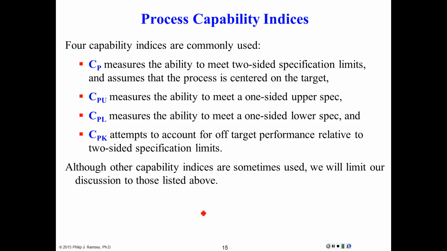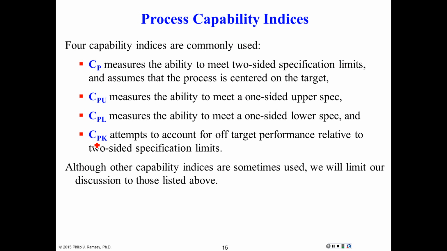So the topic of process capabilities has been beaten to death in the literature. Basically, we're going to talk about what's called Cp. That's the original process capability measure. CPU for a one-sided spec, and CPL for a one-sided spec, and Cpk for a two-sided spec.